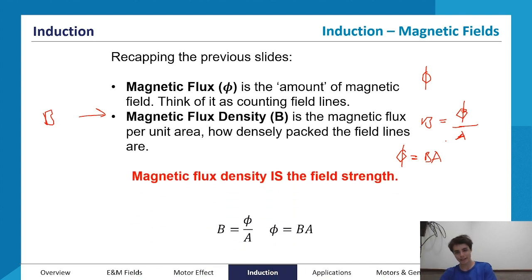And that is exactly the formula down below. Our magnetic field is equal to phi divided by A, and our flux is equal to the magnetic field times A. Now, I'm not sure if I said it explicitly, but this Greek character is called phi. It's the Greek letter phi.